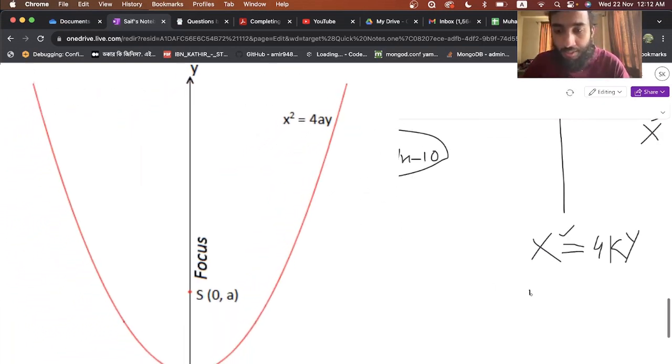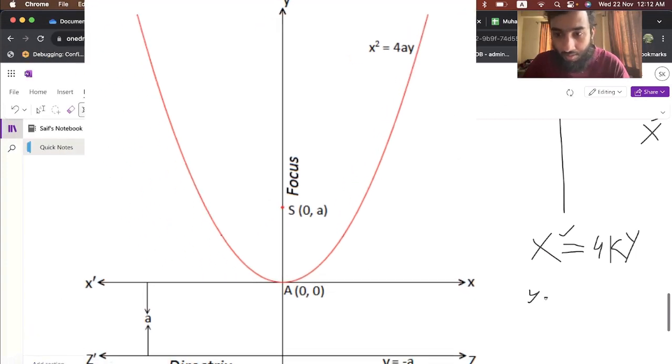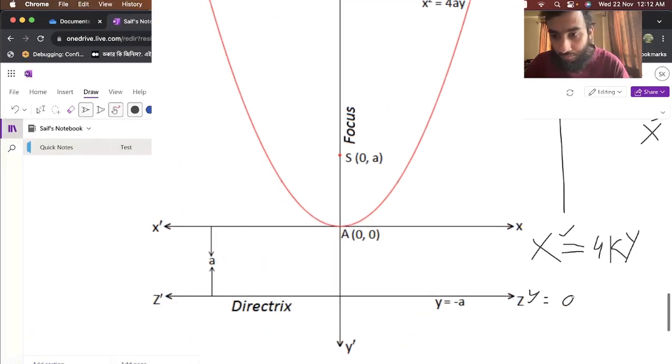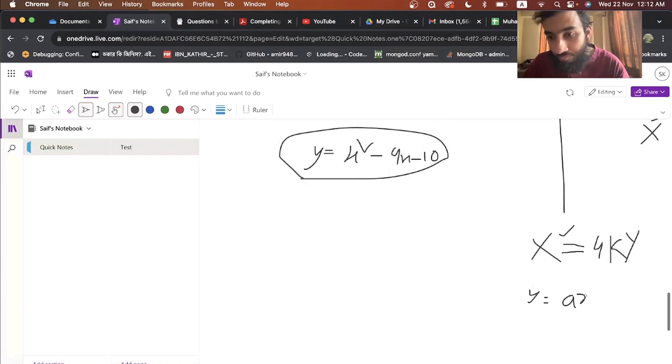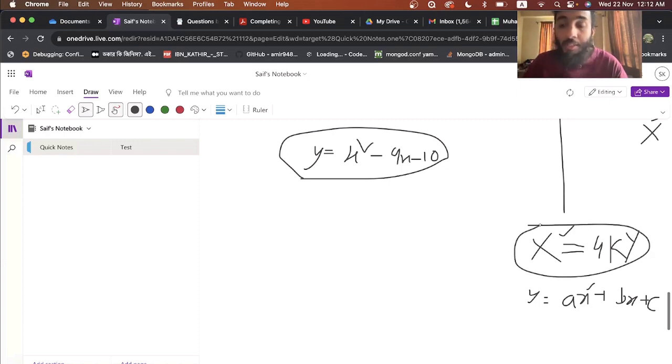It can also be expressed as y equals ax square plus bx plus c, but we are going to focus on this particular form, x square equals 4ky, where k is the constant.